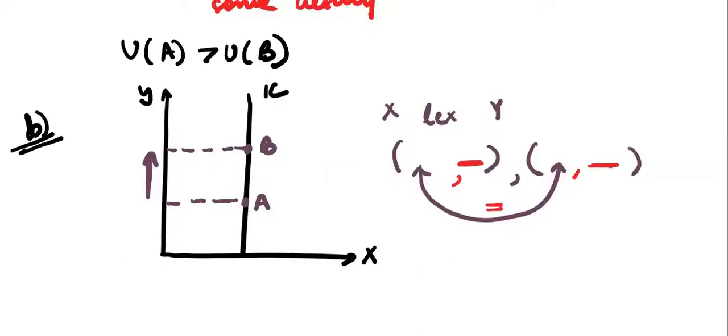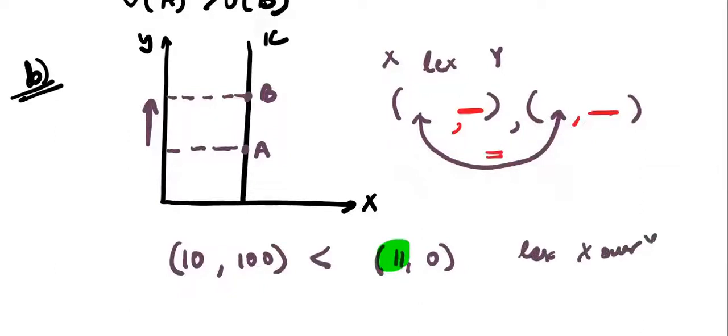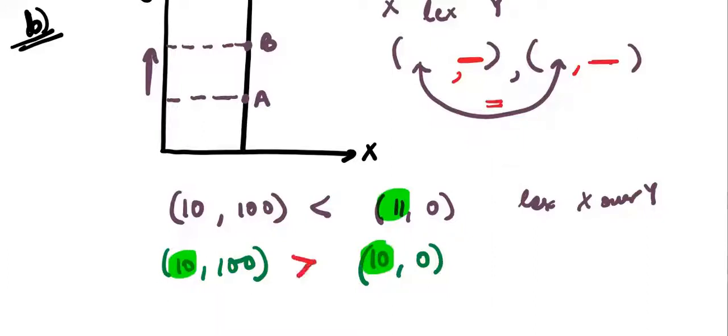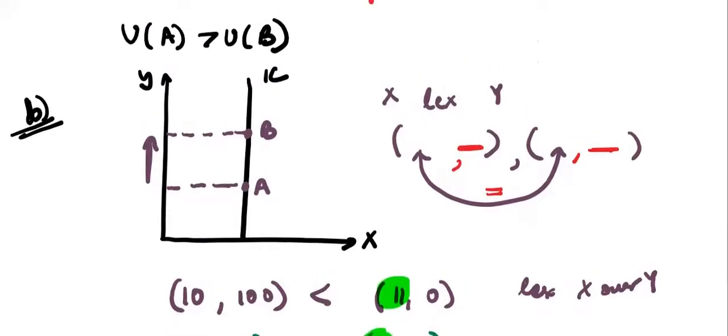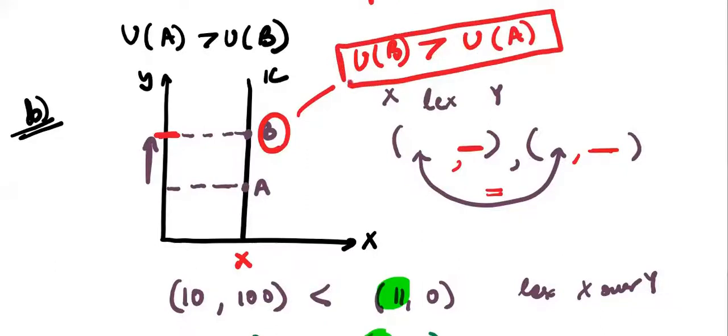If there is a bundle (10, 100) and another bundle (11, 0), then the second has more of X, so you will prefer it because you lexicographically prefer X over Y. But if there is a bundle (10, 100) and another bundle (10, 0), with the same amount of X, then you will prefer the bundle with more Y. So here, although they have the same amount of X, B has more Y.